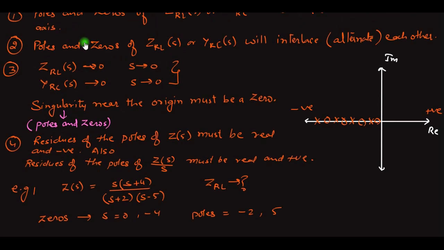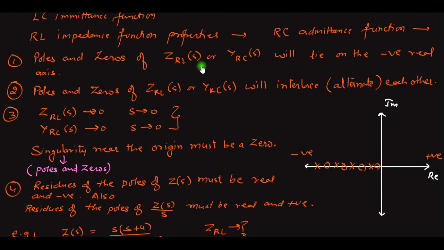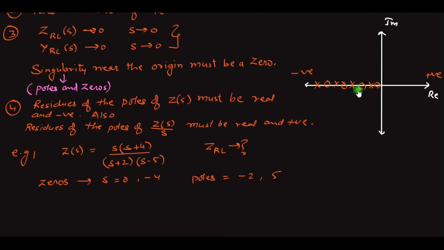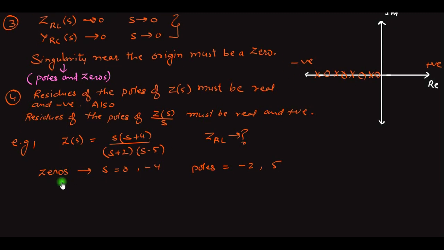The first property says the poles and zeros of ZRL should lie on the negative real axis. That means they should all have a real part and the real part should be negative. But here the zeros are S equal to 0 and S equal to minus 4, so these two are satisfying the condition. The pole at minus 2 is also satisfying the condition, but the pole at 5 is not satisfying the condition because its real part is positive. That means it will be lying in the right hand side of the S plane.